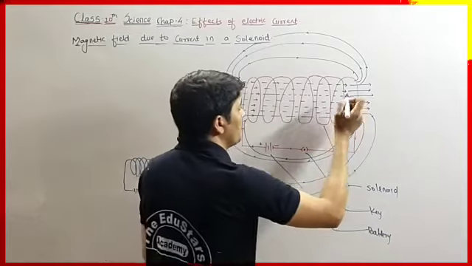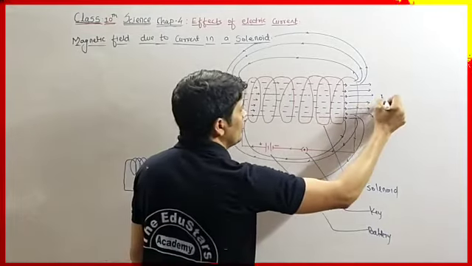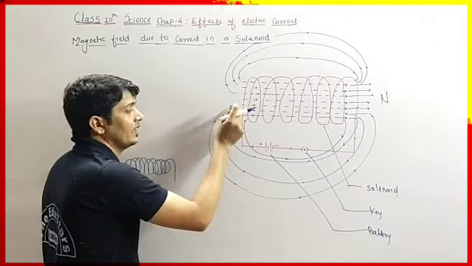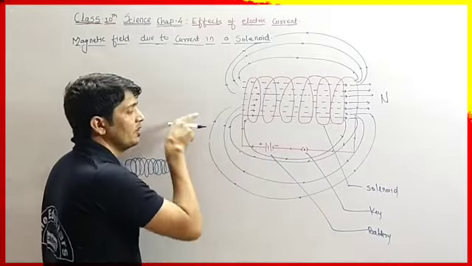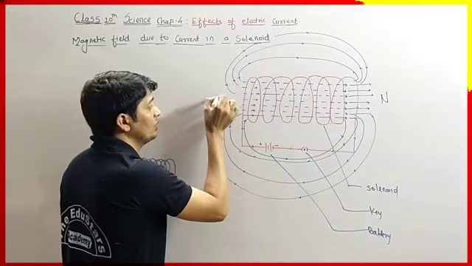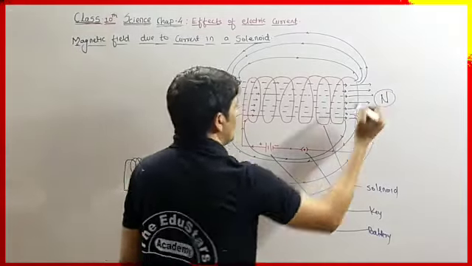If the magnetic field lines are produced from this side, that means it is the north pole, and if you check any point on the other side, the magnetic field shows in this direction, that means it is the south pole. This is the south pole and this is the north pole.